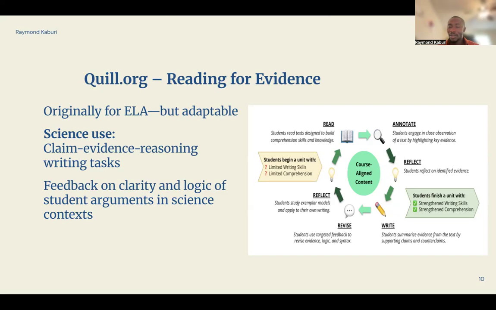This is how the Quill.org platform works. We can do annotations, students reflect and identify evidence, and students are able to finish with a unit, strengthen their writing skills, and also strengthen their comprehension. So it's a very fantastic platform that also helps us in our instruction.